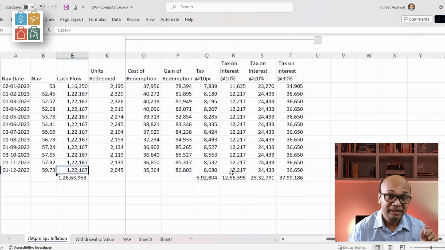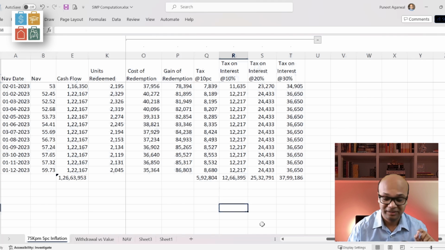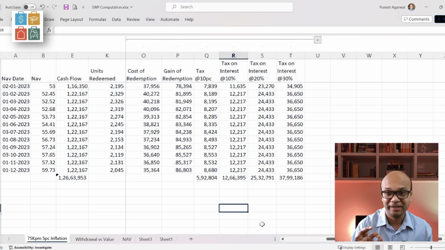But then this would be part of your normal income, and depending upon the tax slab you are in, it could be anywhere from 10% tax to 30% tax. Interestingly, 1.22 lakhs into 12 would be around 15 lakh. So you are well close to 30%. So you are in the minimum 20% tax slab at the very least.